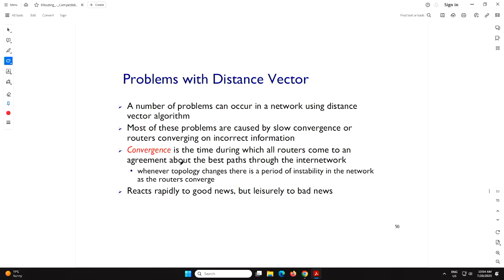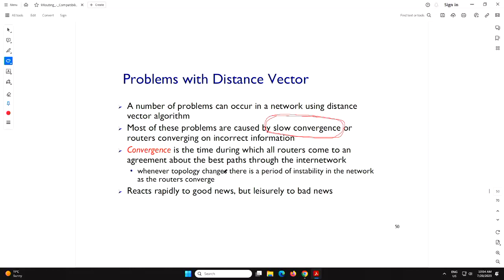let's focus. So just before the break, we talked about the convergence issue, and the problem that you will find is the slow convergence, especially when a link cost increases. A link gets overloaded, which is the bad news.